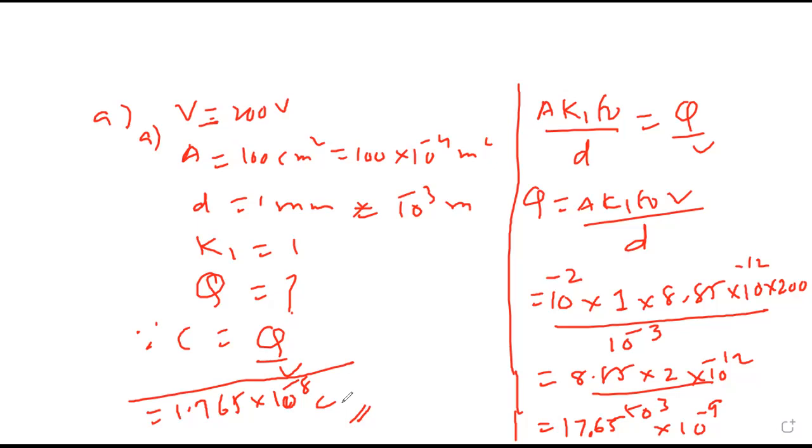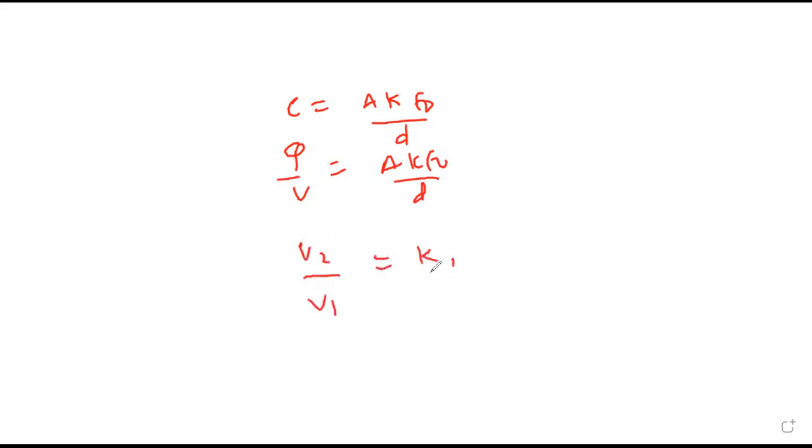First part done, no? What will be the potential difference for the same charge? See, the C formula is A K epsilon 0 by D. Therefore, Q by V is A K epsilon 0 by D. So for the same charge, when you take the ratio, it will become V2 upon V1 is K1 by K2.